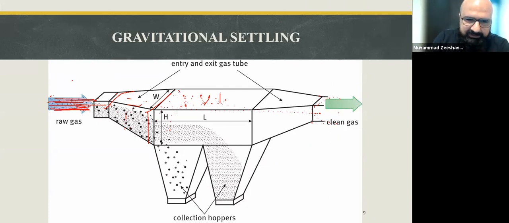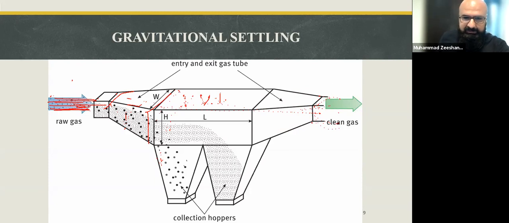At least the very coarse particulate matter, which is much heavier, is removed due to gravity in the settling chamber, although the lighter particulate matter still remains in the gas, but we achieve relatively cleaner gas, right? So the settling chamber is one of the very basic technologies for the removal of particulate matter from stationary sources, right?